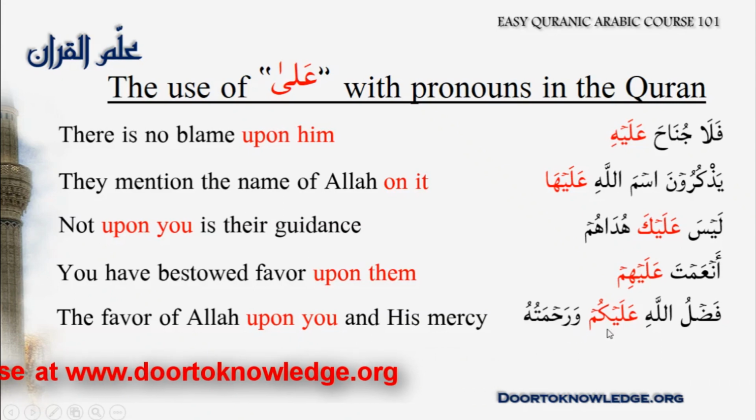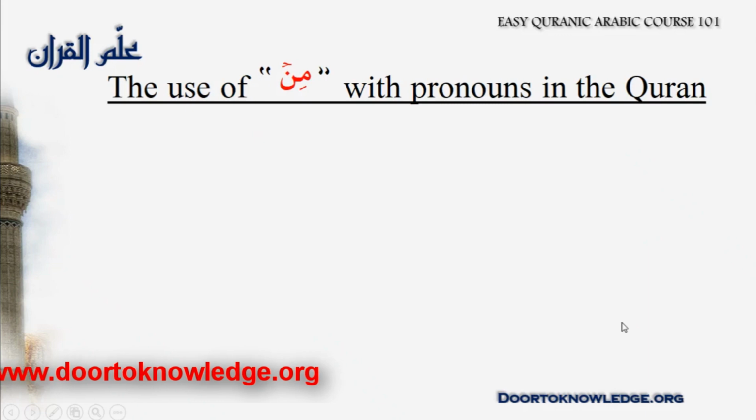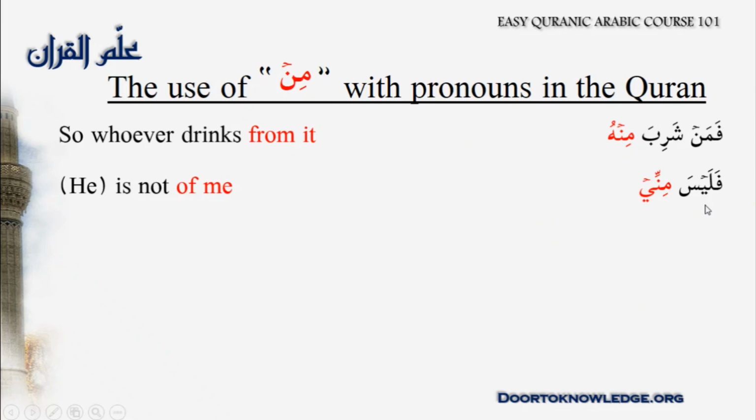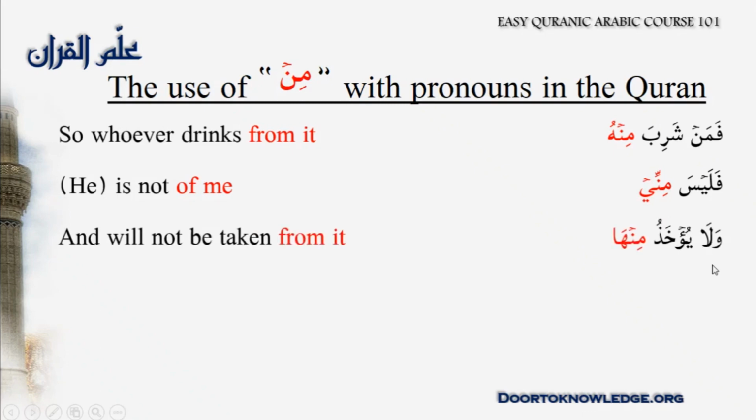عليكم, upon you. The use of min with pronouns in the Quran. فَمَنْ شَرِبَ مِنْهُ, so whoever drinks from it. Minhu, from it. فَلَيْسَ مِنِّي, he is not of me, or he is not from me. وَلَا يُؤْخَذُ مِنْهَا, and will not be taken from it.